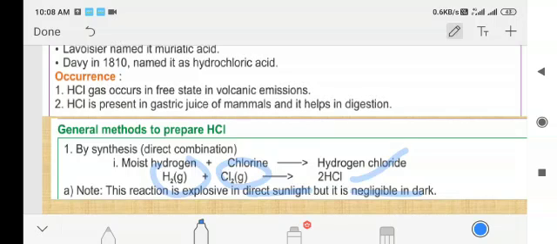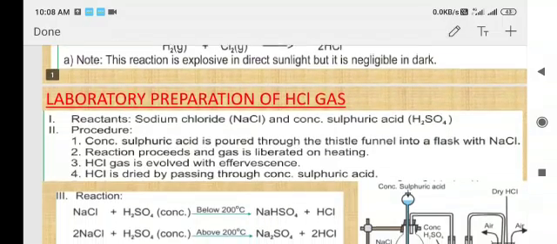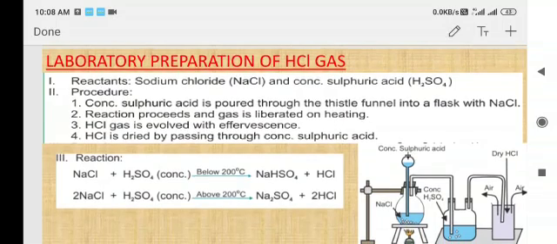This first general method of preparation is not given in the syllabus. So the first page, all that I've discussed, is just for an introduction, nothing serious from the examination point of view.